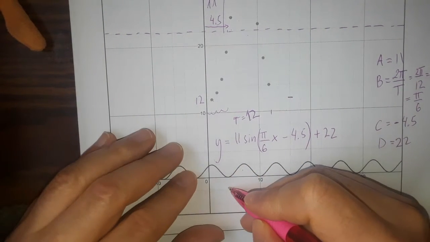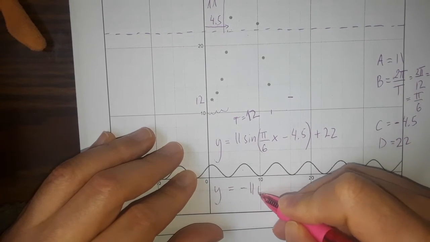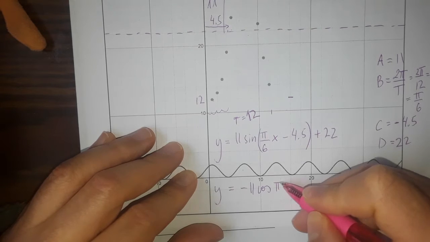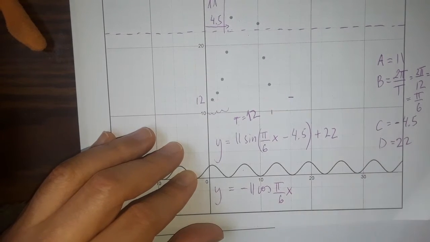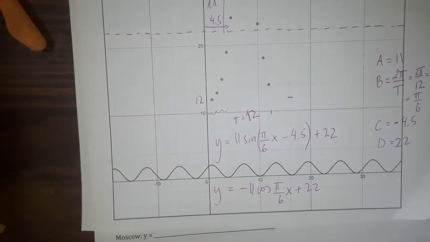Or we can also write y equals negative 11 cosine of pi over 6 x, and then we don't need the horizontal shift, plus 22.